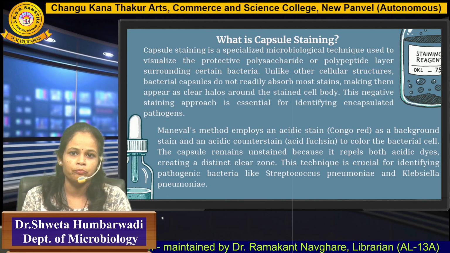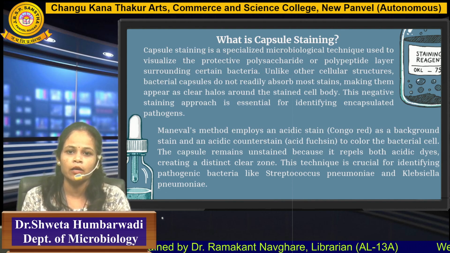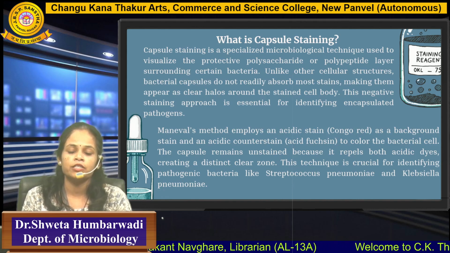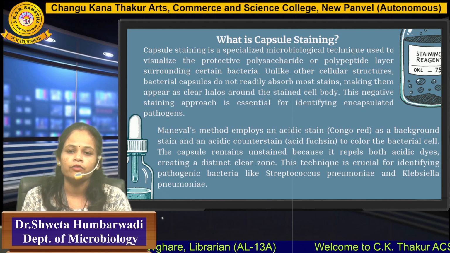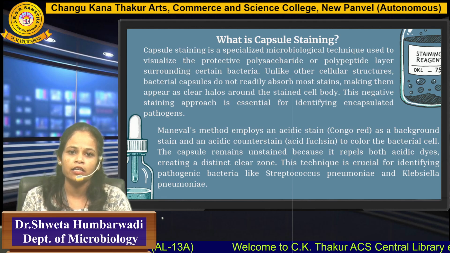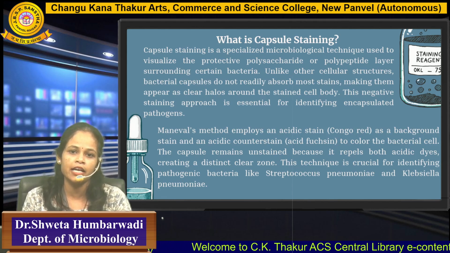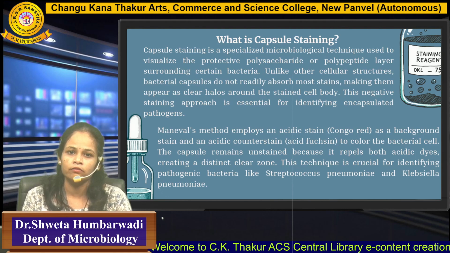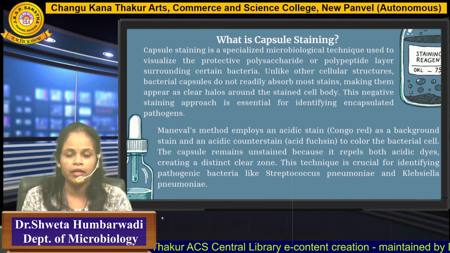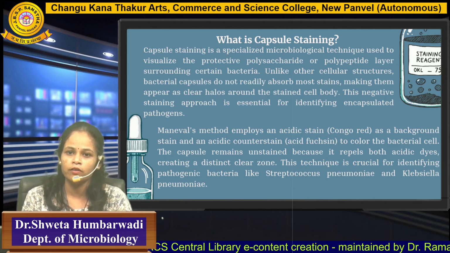Manevel's method employs Congo red, which is an acidic stain, for staining the background, and acid fuchsin as a counterstain, which will stain the cell cytoplasm. So here the capsule will be colorless, the cell cytoplasm will be pink, and the background of the microscopic field is blue in color.